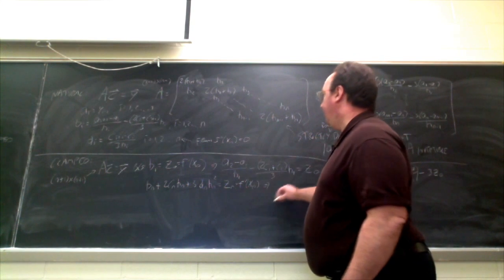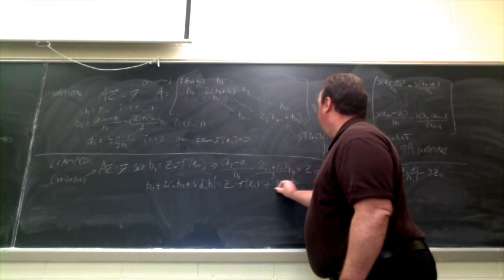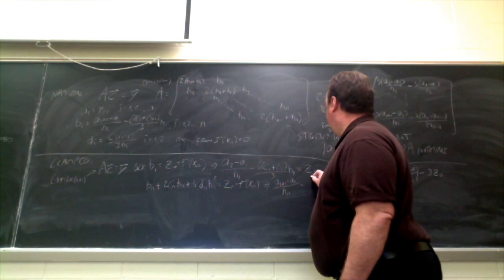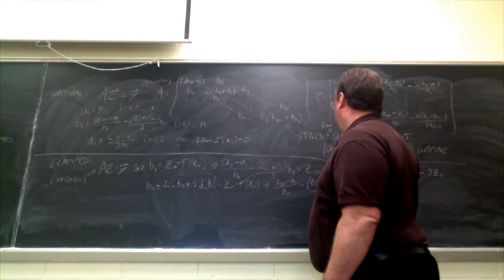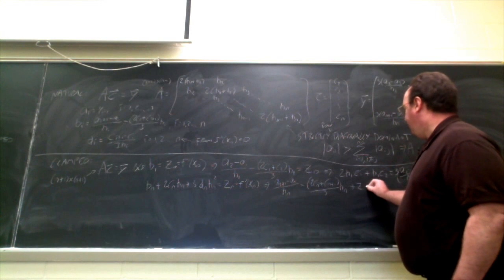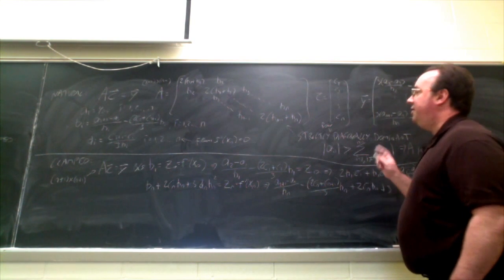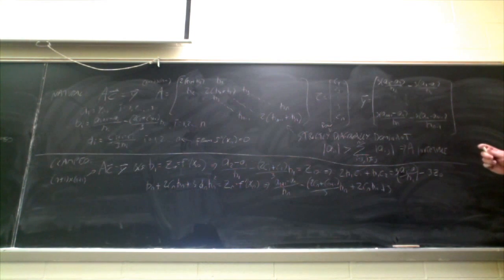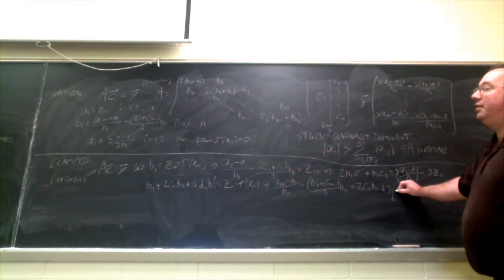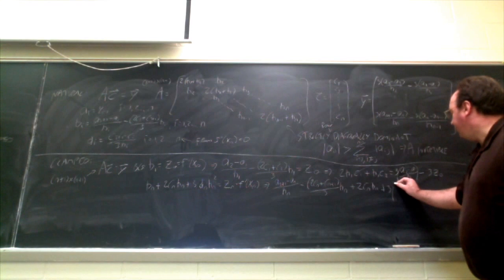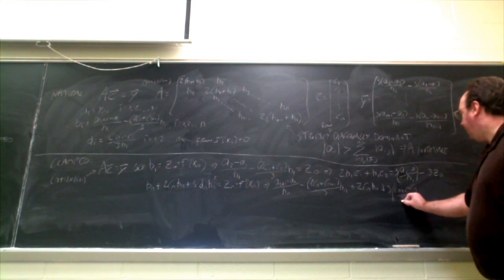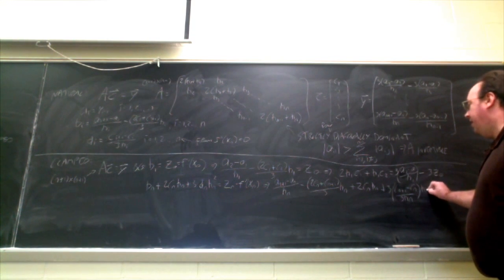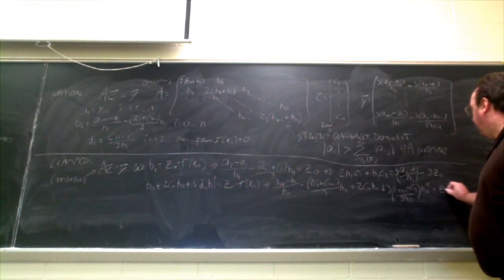So we have bn is going to be (an plus 1 minus an) over hn minus (2cn plus cn plus 1) over 3hn, plus 2cn hn plus 3dn hn squared, where dn comes from the form of the second derivative, so dn is (cn plus 1 minus cn) over 3hn, is equal to zn.